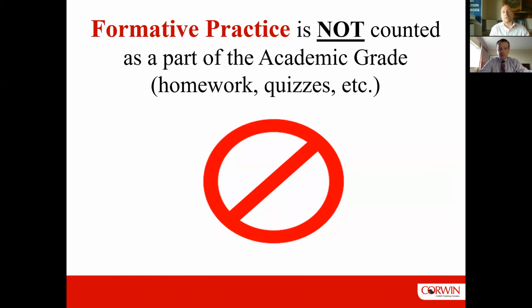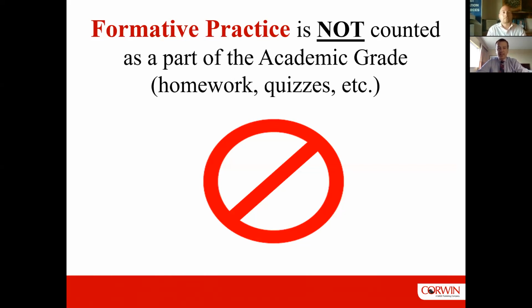The moment that we start to put any type of number associated with that, even if it's the smallest percent, I've seen districts say, well, we just count it for a little bit. The moment that you put any type of numerical value, it's no longer formative. You've now changed its intent. So let's make sure again, and recently, like less than a month ago, there was still some confusion about what is intended by formative practice.